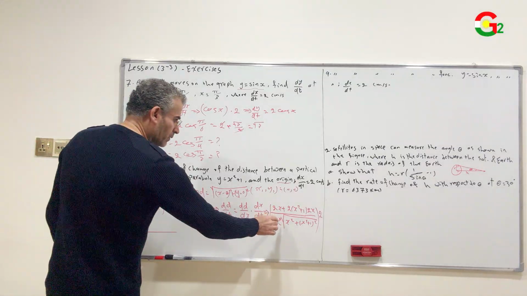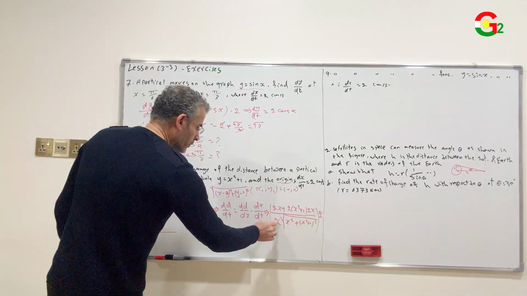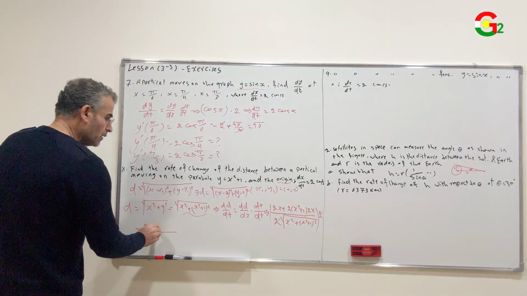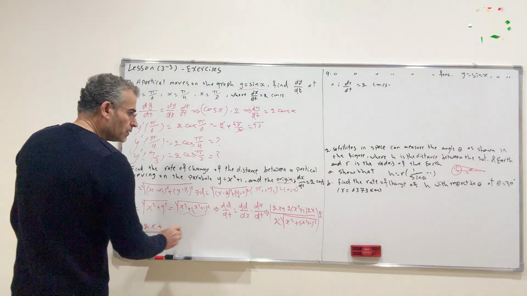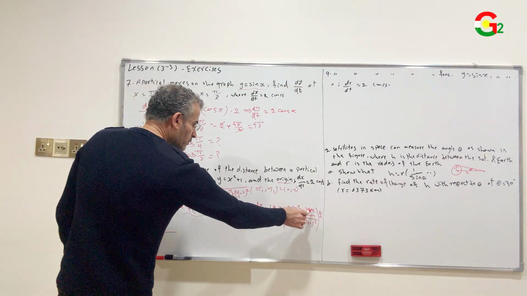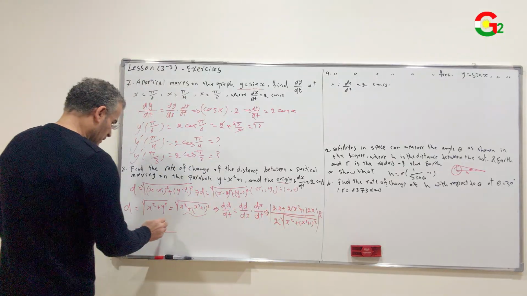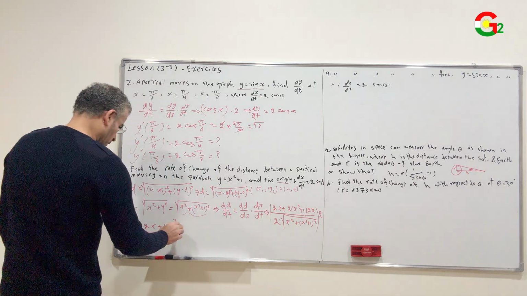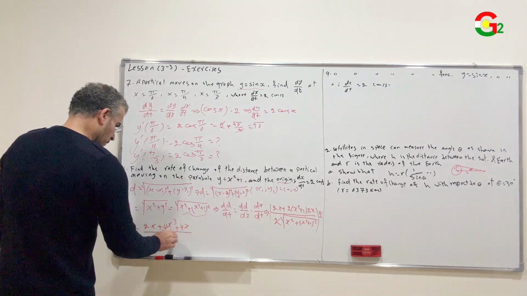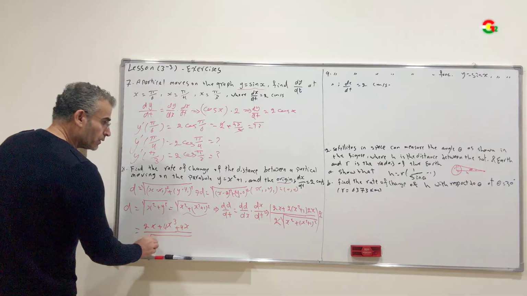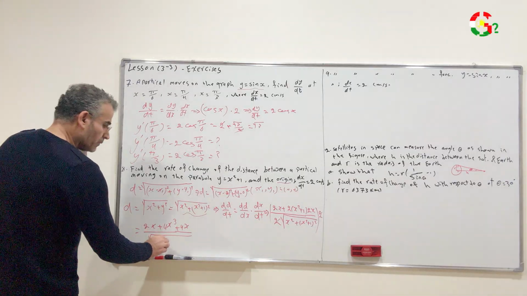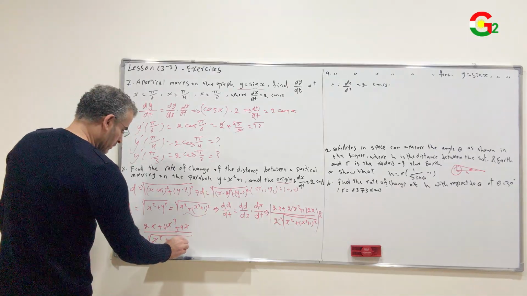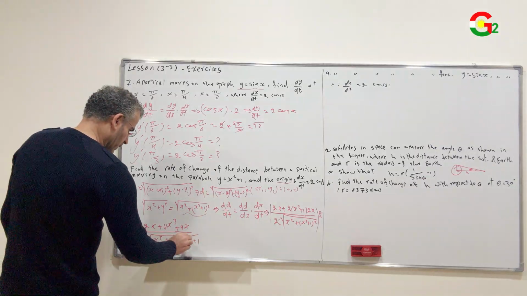Factorize the numerator or reduce 2 with 2 and open this bracket: 2x plus 2 times 2, 4x times x squared, 4x power 3, 4x times 1, 4x, over square root of x power 2 plus, open this bracket, x power 4 plus 2x power 2 plus 1.